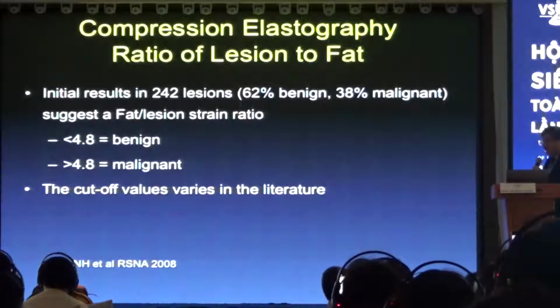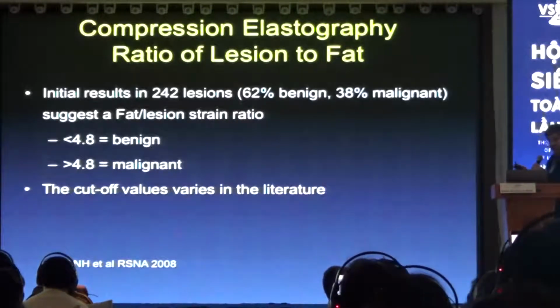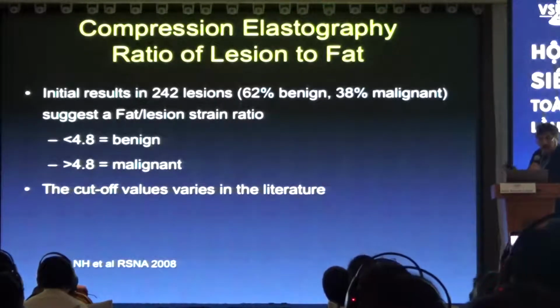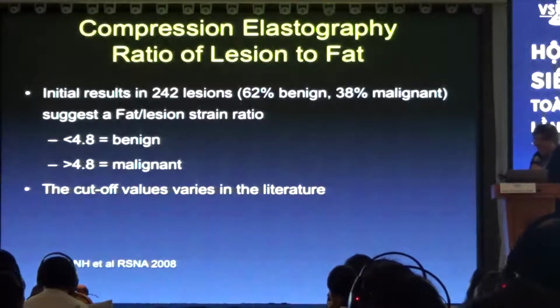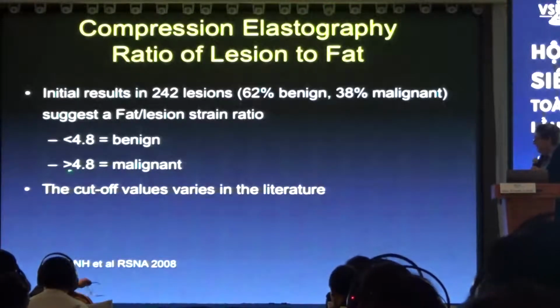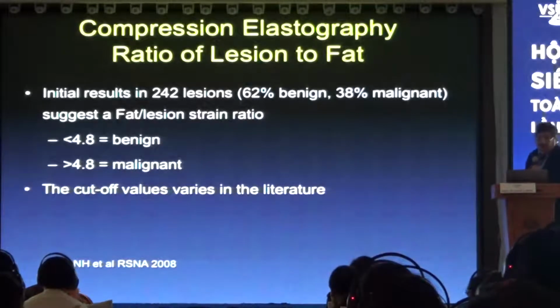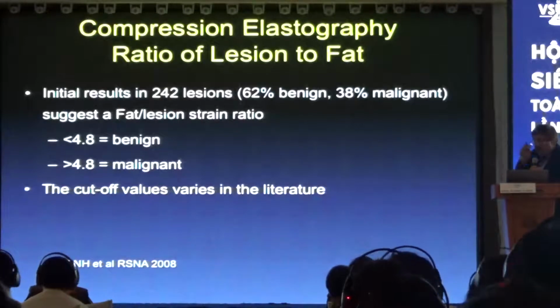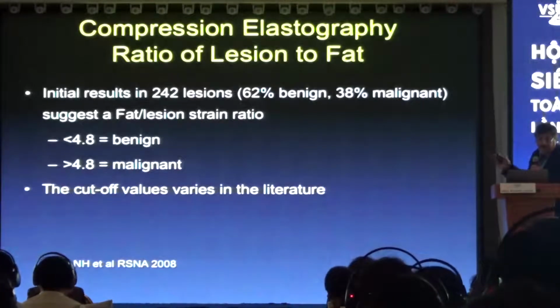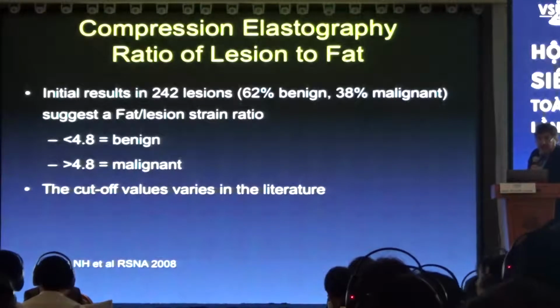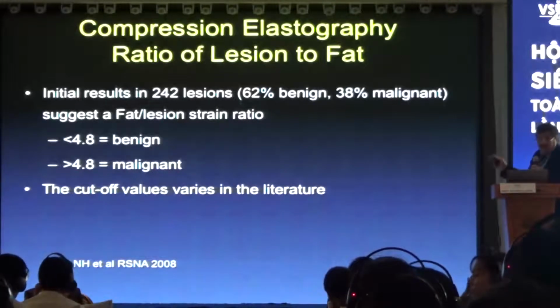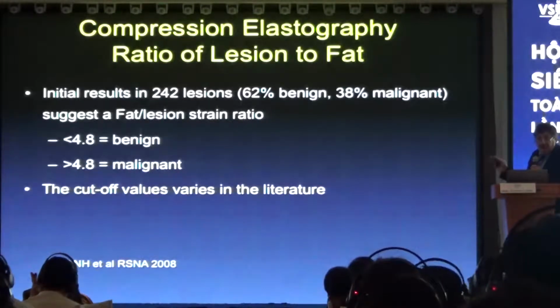They found that if you put an area marker over the lesion and an area marker over fat, and compared the stiffness values, if that was greater than 4.8, it was malignant, and less than 4.8 benign, with pretty good results. So again, using what's called a strain ratio, and you'll see that as we go to other organs, this is often one way of using strain. Again, the change in size seems to be very unique to breast.